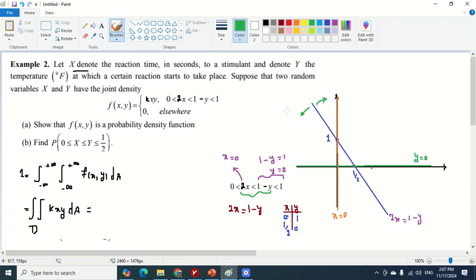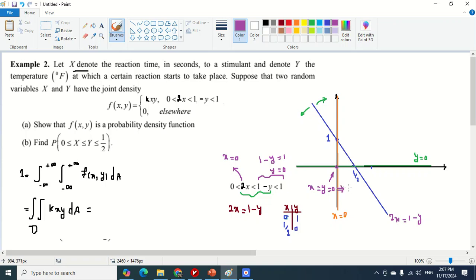So one of them is less, one of them is greater. To calculate that, the best point to examine the situation is the origin. At the origin, the value of x is equal to y is equal to 0, and we can examine that value in the inequality.